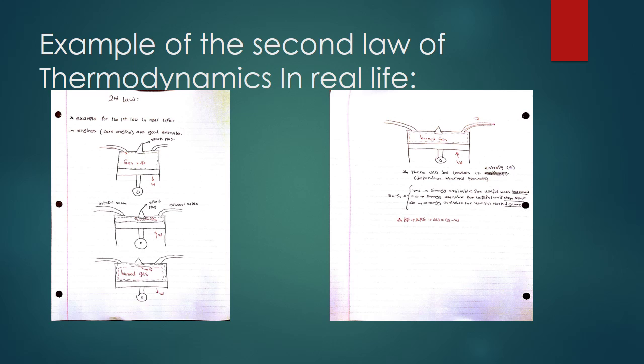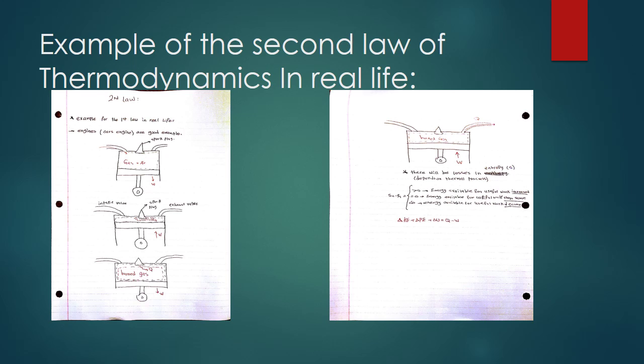If the piston pushes the fuel and air mixture up, the spark plug will burn the gas, and the heat will transfer from the piston cylinder to the exhaust valve, so that makes the engine work. And there will be losses in entropy.